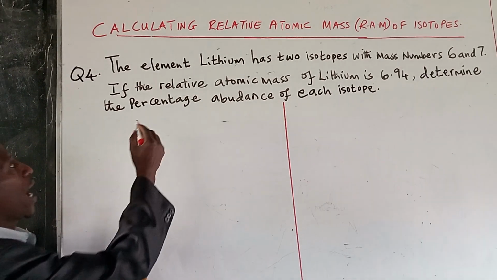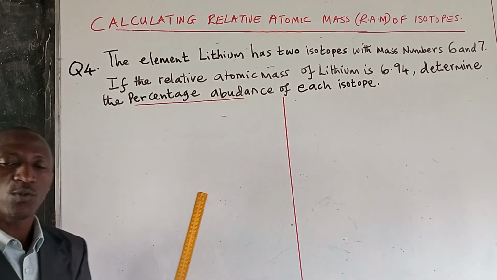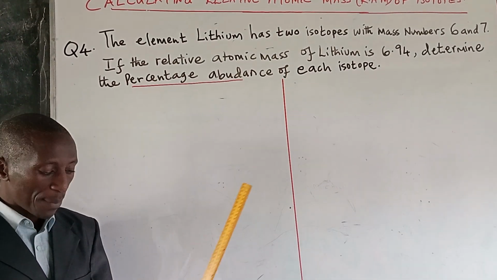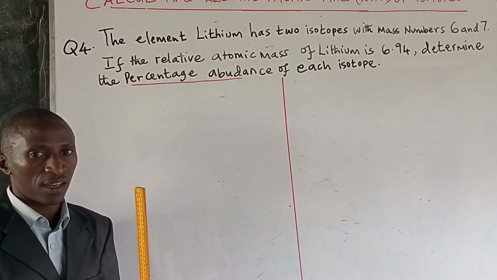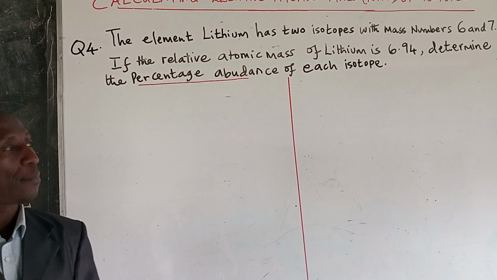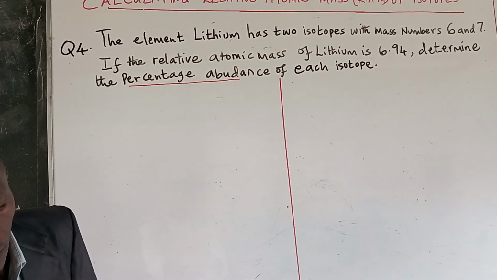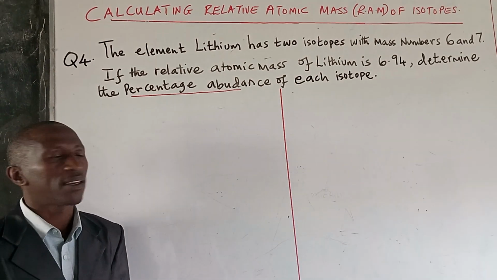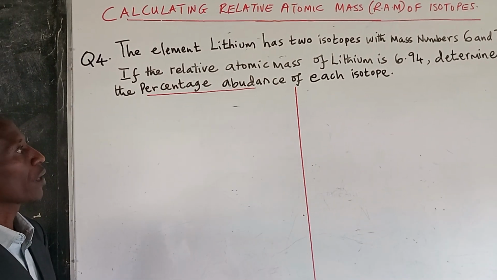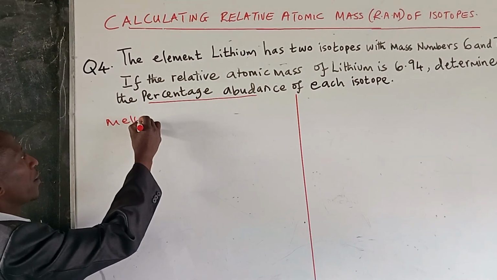Viewers, I would like us to focus on the fact that in this question, the percentage abundances are not given. So how do we go about getting them? We have two methods, and let us look at method 1.